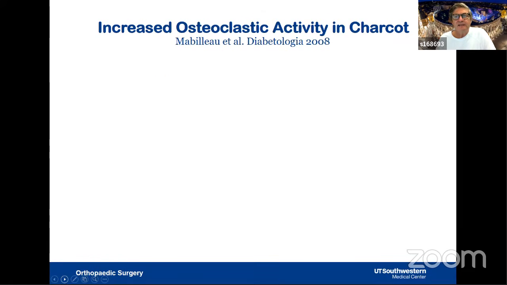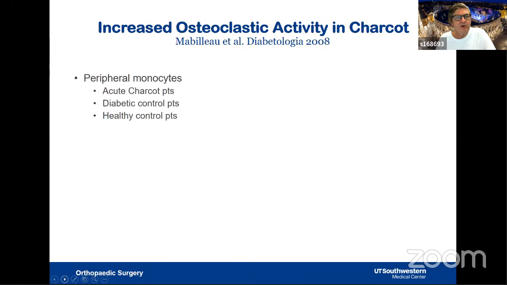A great study done in London on increased osteoclastic activity in Charcot was done where they took peripheral monocytes from the circulating blood in acute Charcot patients, a group of diabetic control patients, and healthy control patients. And they took these monocytes and they cultured them with macrophage stimulating factor. As you know, macrophages and osteoclasts derive from the same cell line.